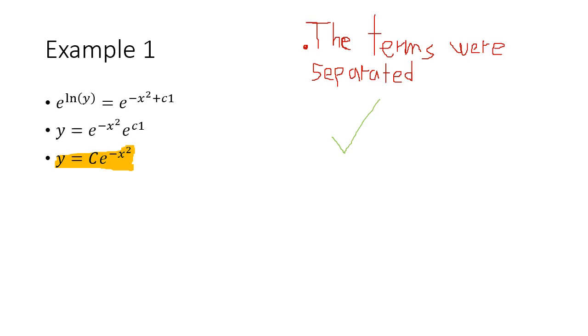So by solving this example, we get that this equation was indeed separable. Why? Because the terms were able to separate into different sides of the equation. But in order to get this conclusion, we had to resolve the whole equation.